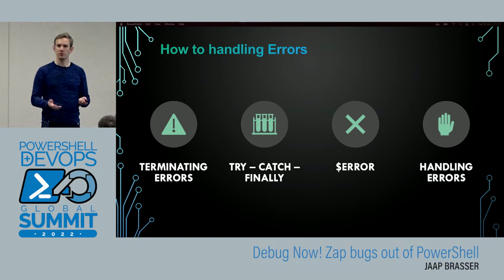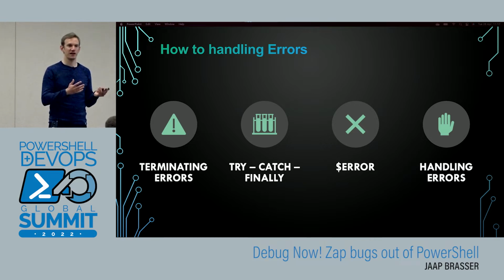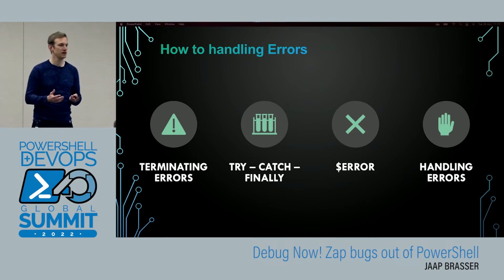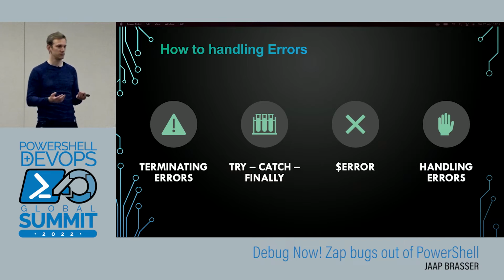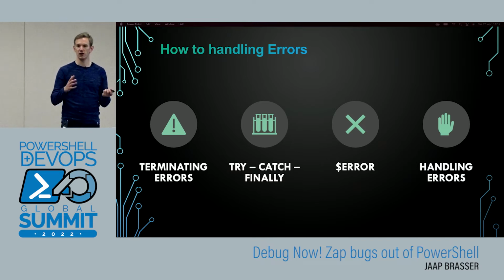So the difference between terminating and non-terminating errors is not what it displays, but how it is handled by a try-catch. For example, if you do Get-Item with an item that doesn't exist, it will be an error, but it's not going to be a terminating error. So that's the difference.